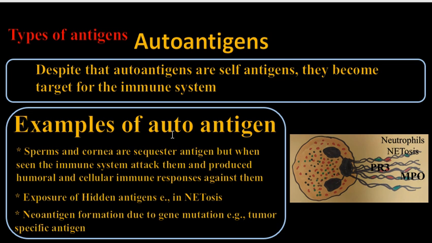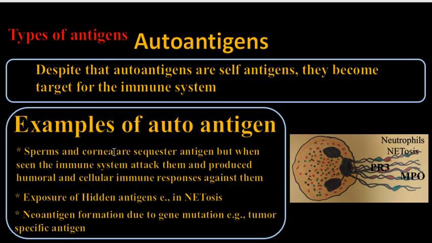An example of autoantigens: sperm and cornea. As you know, sperm and cornea are sequestered antigens, but when seen, the immune system attacks them and produces humoral and cellular immune responses.